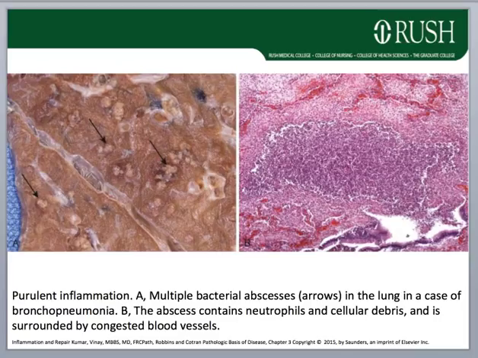Microscopically, the abscesses contain numerous neutrophils and necrotic cellular debris, and are surrounded by congested blood vessels. So here's the collection of neutrophils and necrotic debris, and these bright red areas are the congested blood vessels.